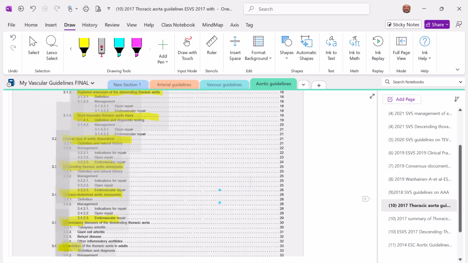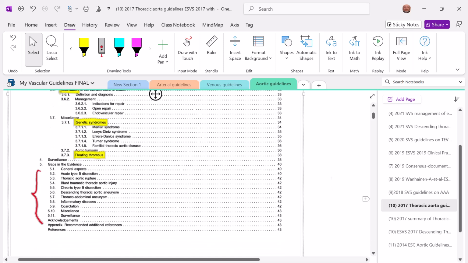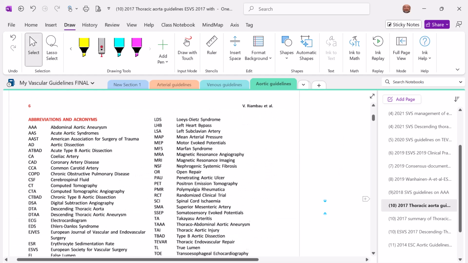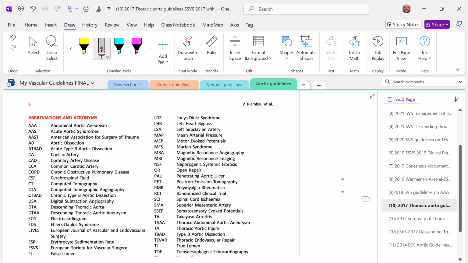All these are very important topics with very important guidelines. And here are the things that need to have more evidence, so they couldn't get a guideline. And this can be quite a good topic for MD and for research.